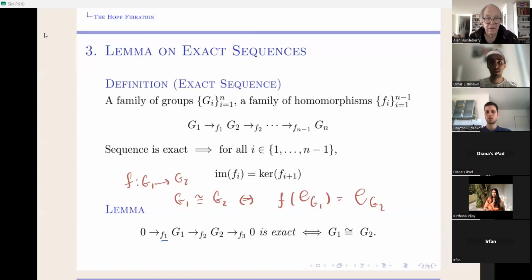That's not so significant, but the image of F1 is G1, if I'm not mistaken. And from the rightmost side, if you look at the kernel of F3, well, the kernel is just everything that gets sent to 0, which is G2.